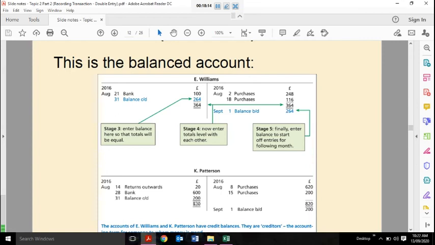The bigger figure minus the shorter figure, then you have the balance. So the balance here is 200 on 31st August, and then you carry to the next month, on 1st September it will be 200. So K. Peterson is our creditor, so our balance is on the credit side. It's correct, because it's liabilities. Liabilities will be on the credit side.